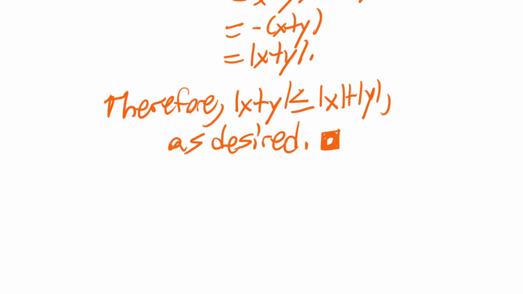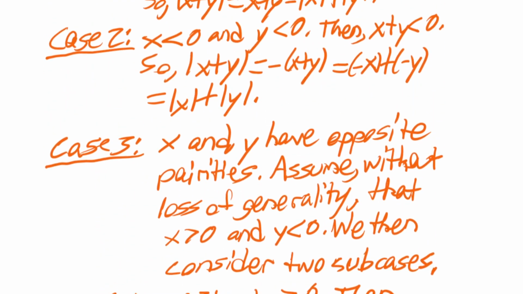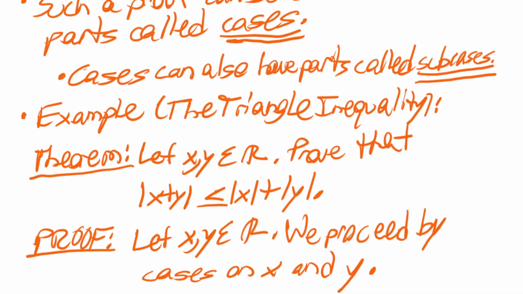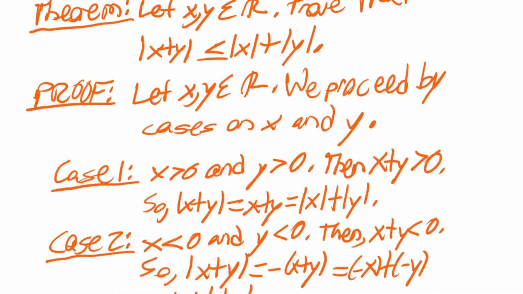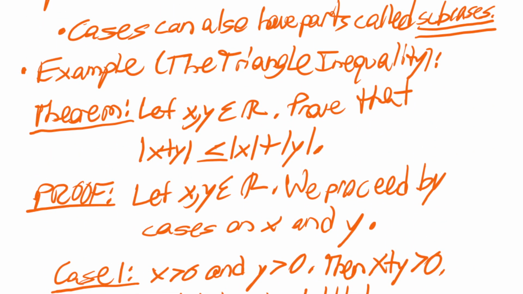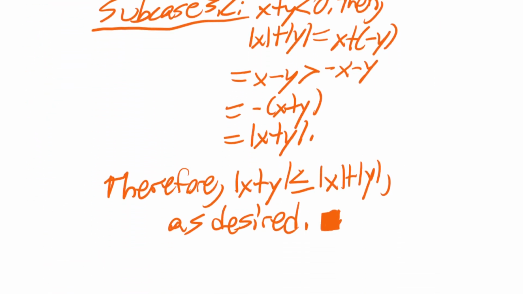So by looking at the statement we were focusing on for the theorem and looking at all the possible cases of x and y and their respective subcases too, which was only for our third case, we were able to prove this inequality. The triangle inequality is what this is known as.